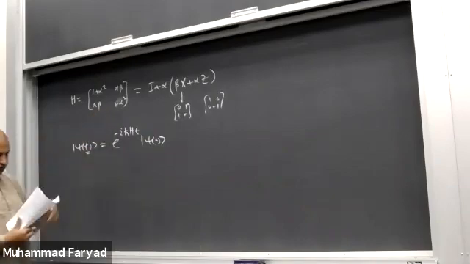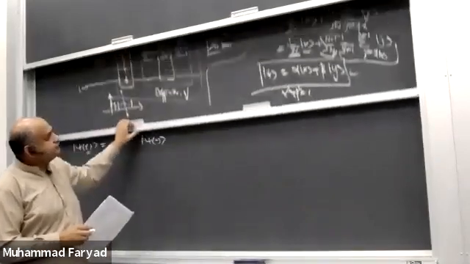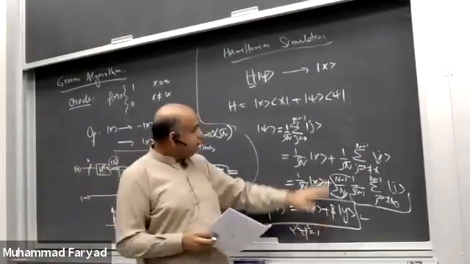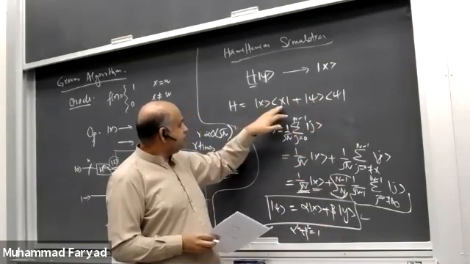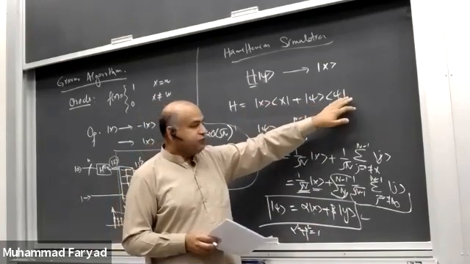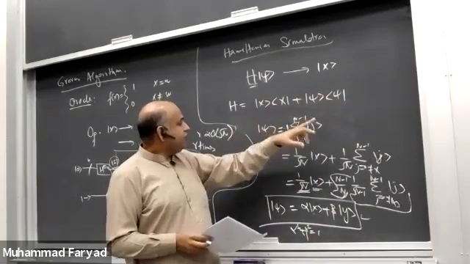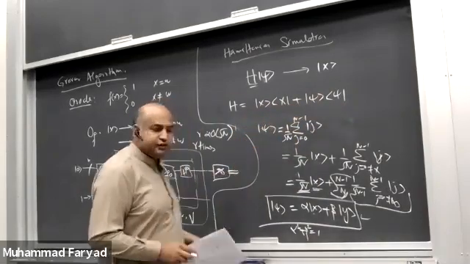How is this formed? So if you put this psi here and evaluate it, you will get some terms with xx, some term with xy, some term with yx, some term with yy, right? So the xx and yy are diagonal terms, and the xy and yx are off-diagonal terms, okay, in the xy basis.